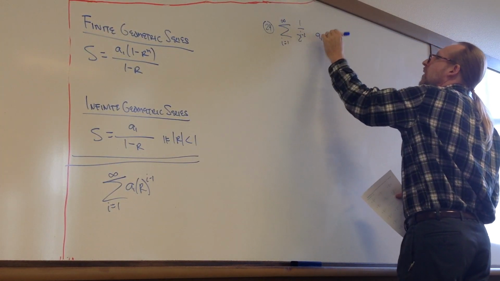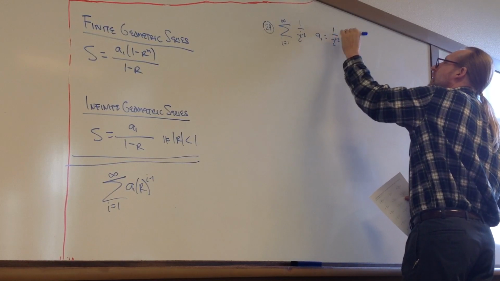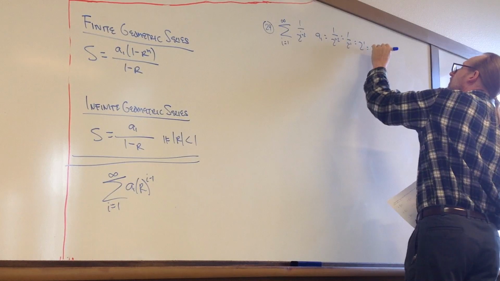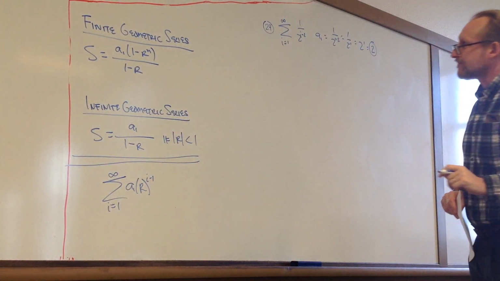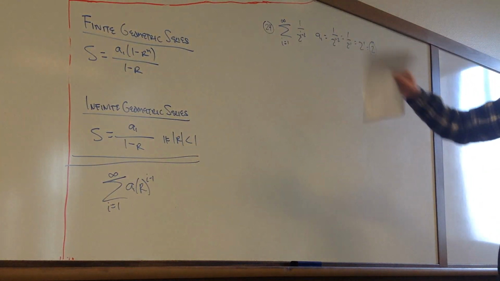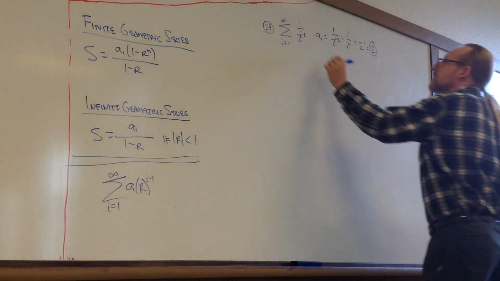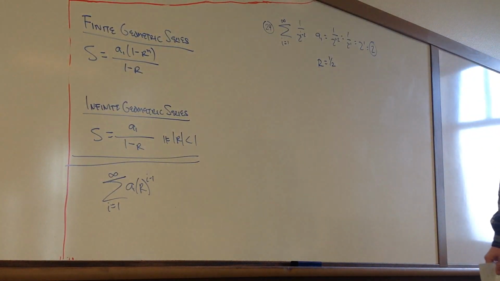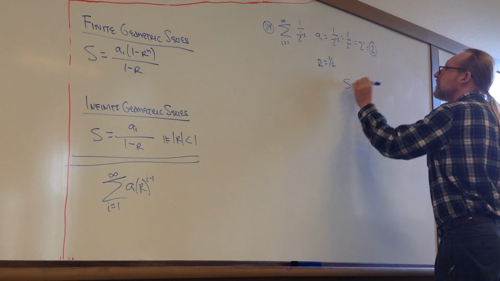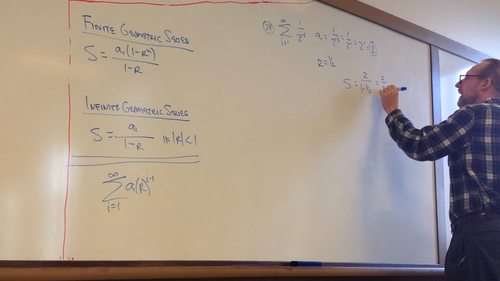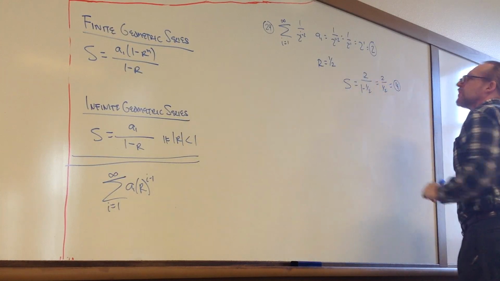So a sub 1 is 1 over 2 to the 1 minus 2, which is 2. And our constant ratio is essentially 1/2. And you can reason that out a little bit. You can calculate a few terms if you want to. So our sum here is going to be 2 over 1 minus 1/2, which works out to be 4.